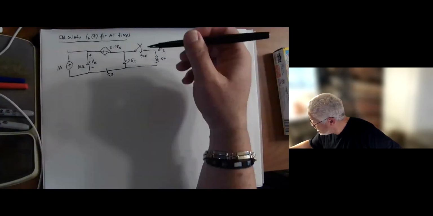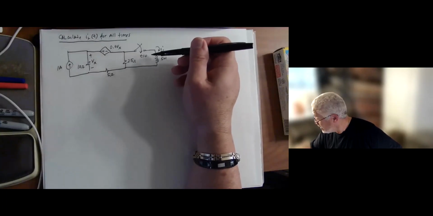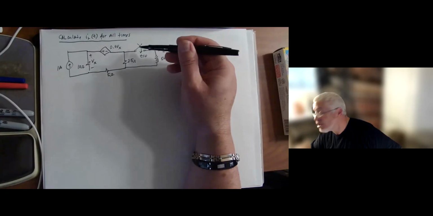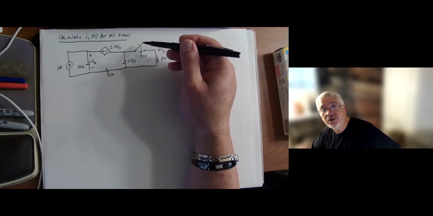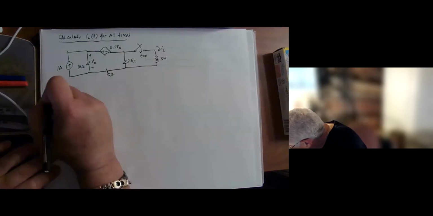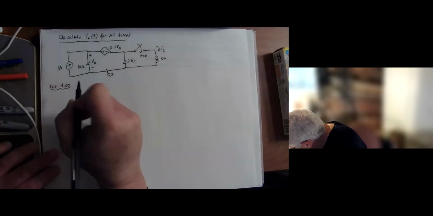What I want you to think when you see a problem like this, again, is identifying the switch time is 0, and the switch action is important. In this particular case, the switch is open, and at t equals 0, it closes. So for t less than 0, what do we have here?